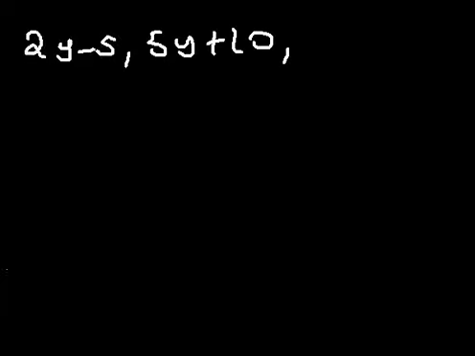And what if we have this case? Let's say we have 2y minus 5, comma, 5y plus, and so on, then negative y minus 2. Let's say the values keep on going. What is the 10th term?